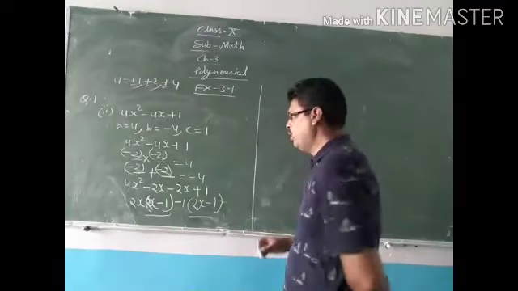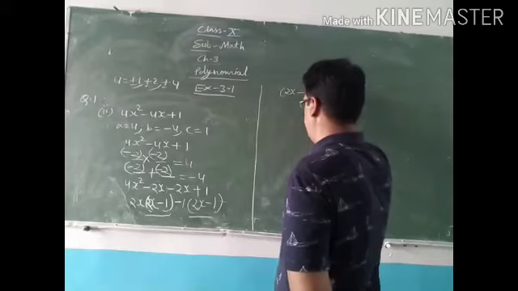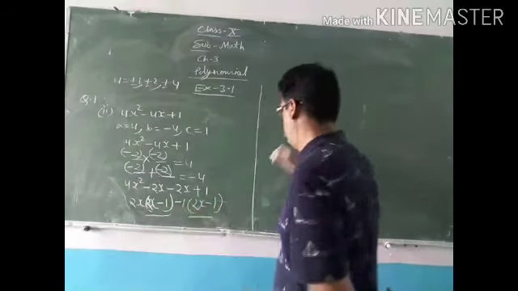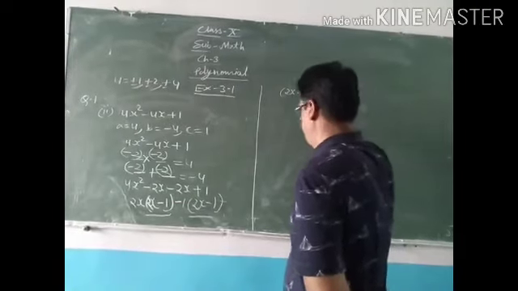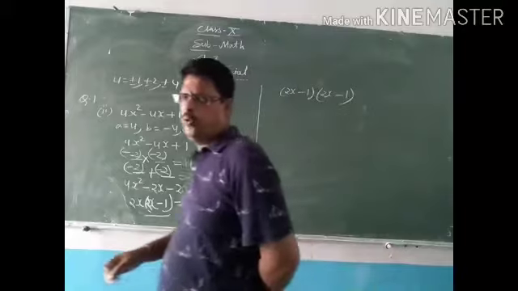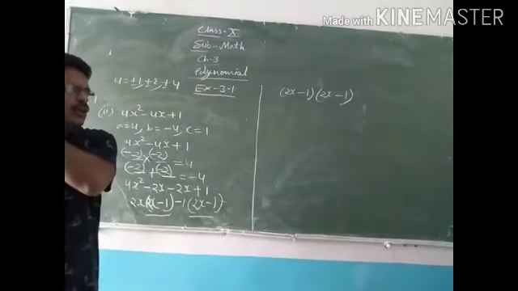So we can take 2x minus 1 as common, and what is remaining inside? 2x and -1. Okay, so two factors we have found, 2x minus 1 and 2x minus 1.